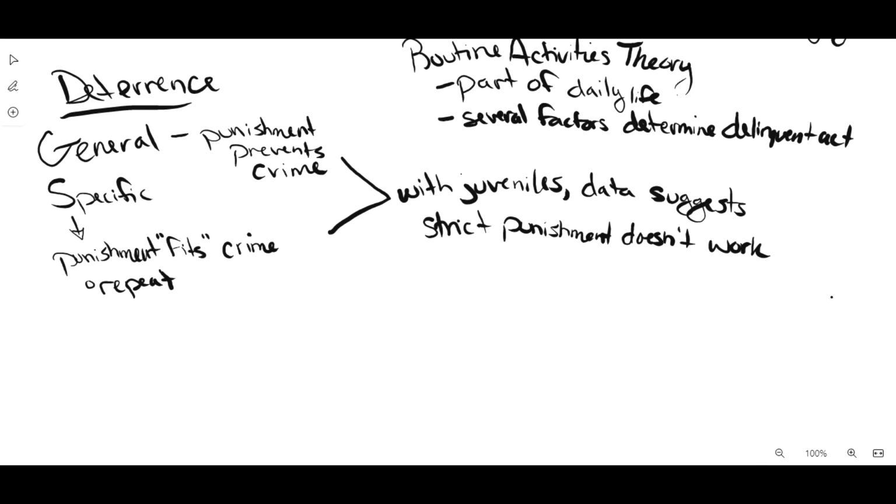And our authors put forward a short list of specific potential reasons why it doesn't work, and that's kind of the unifying factor of this entire system itself, and why we have classes and need to discuss juvenile justice is because it is a different system.